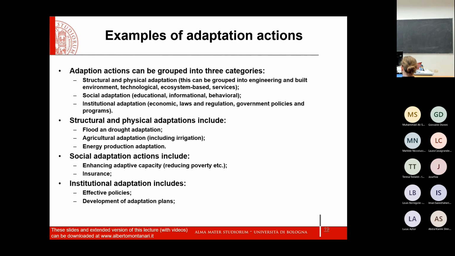But it is also important to consider, even if it's not in the domain of engineering, social adaptation. Social adaptation is extremely important. Education. And think about floods, for instance. Educate people to cope with floods as we educate people to cope with earthquakes.